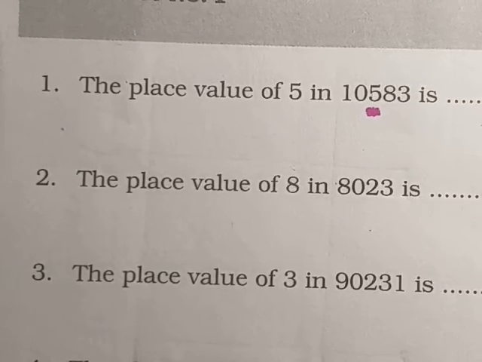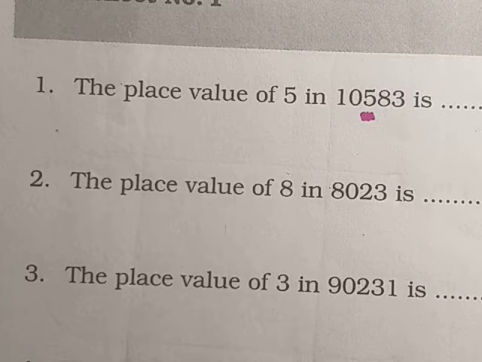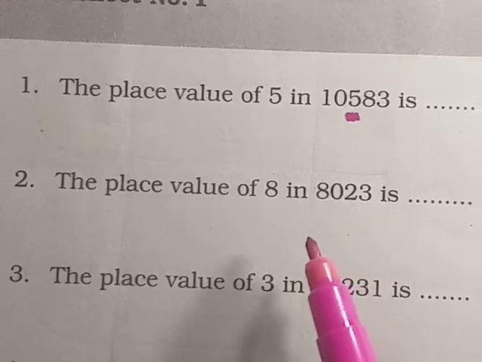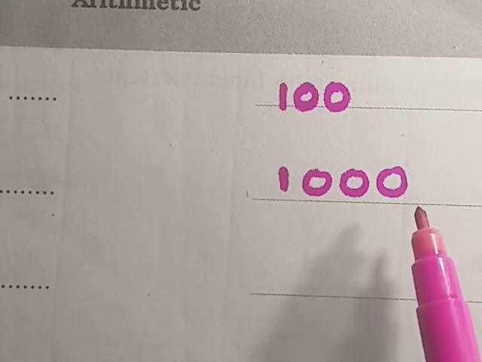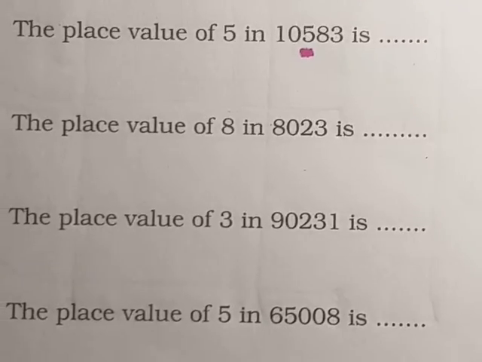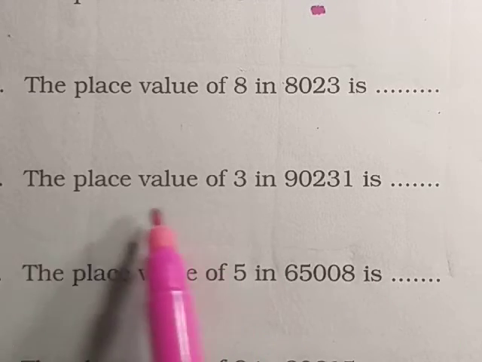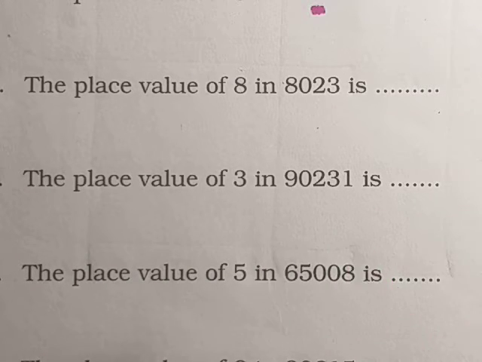Similarly, the place value of 8 in 8023. Because 8 is in thousandth place, therefore the place value of 8 is 1000. Similarly, we have the place value of 3 in 90,231.